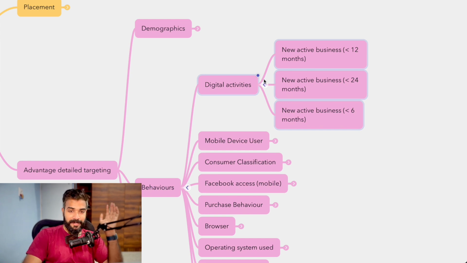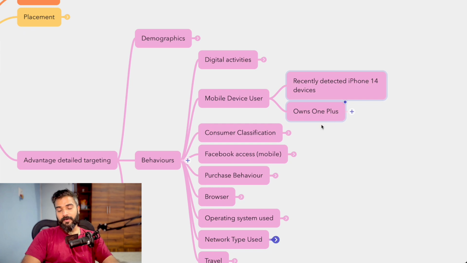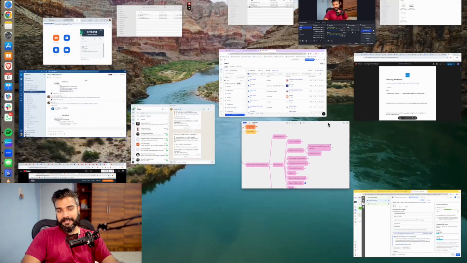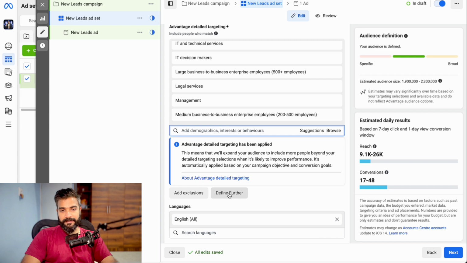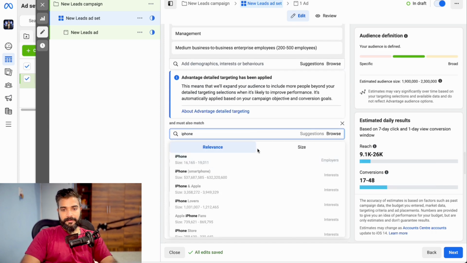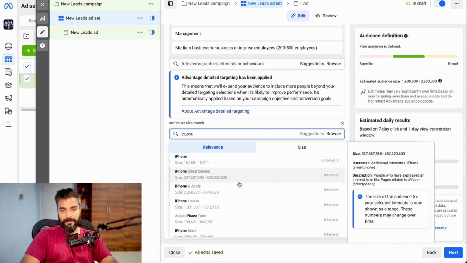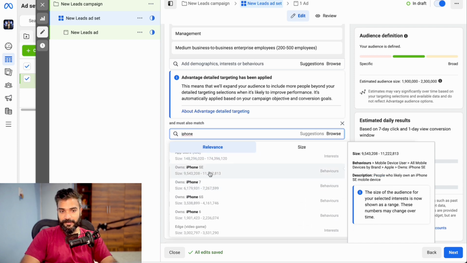For this stock marketing coach, we don't need this. Mobile device: we can definitely look for people who own OnePlus or iPhone. They have money, right? We can go to define here and search for iPhone. Again, there are employers, we don't want employers. Interest, we definitely don't want, and look for behavior. See, owns iPhone SE.